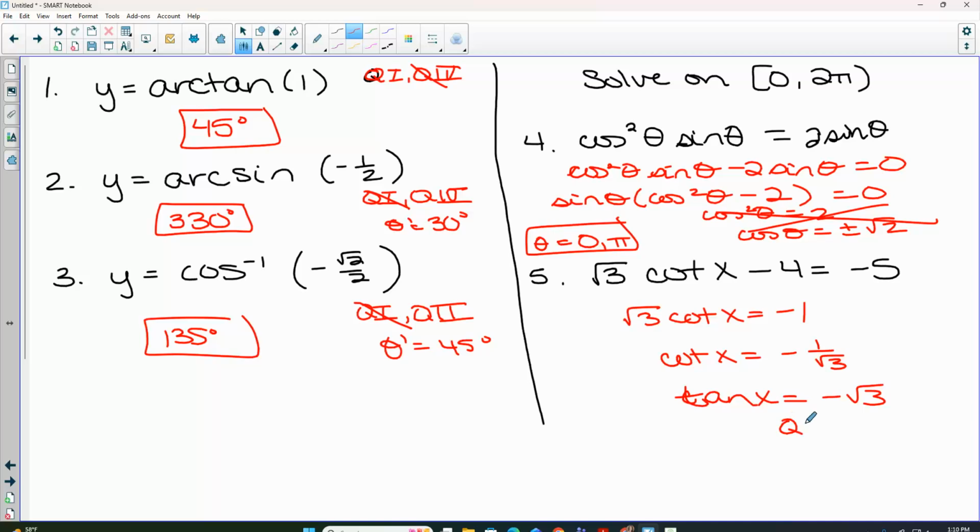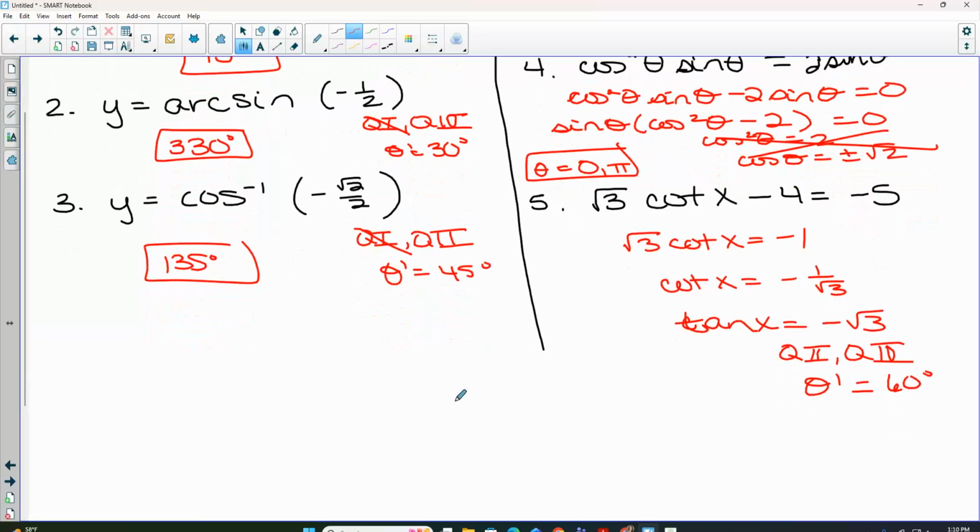In which quadrants is tangent negative? 2 and 4. Reference angle. When is tangent the square root of 3? 60 degrees. So 60 degrees in quadrant 2, so 180 minus 60, 120. Quadrant 4, 360 minus 60 is 300.